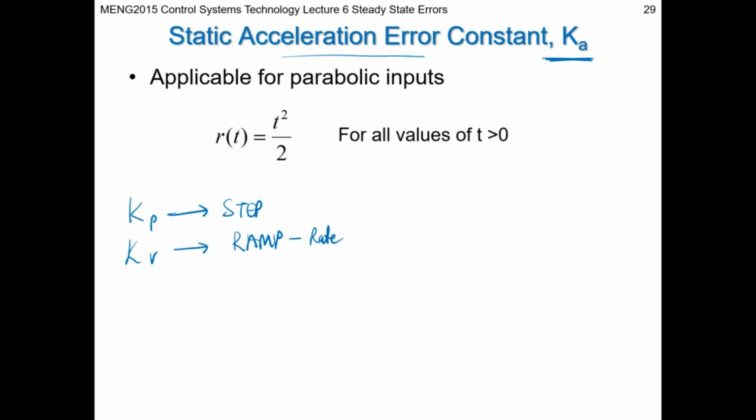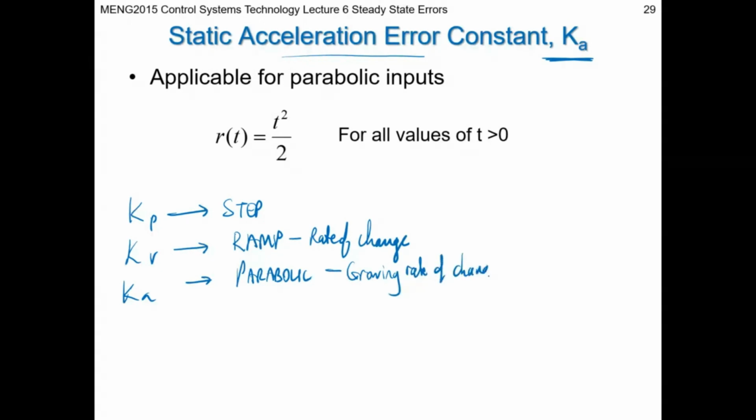Ramp is a rate of change input. And our Ka speaks to a parabolic input. This is a growing rate of change in our input. So this is applicable for parabolic inputs, our static acceleration error constant.